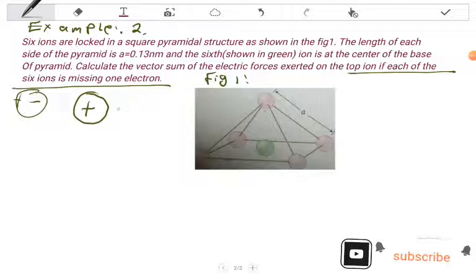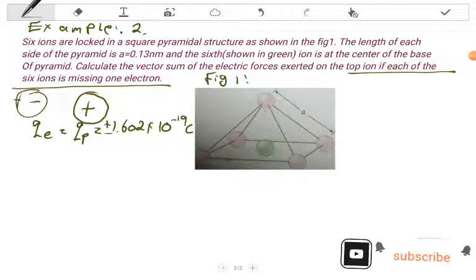You know that the charge of an electron has the same magnitude as the charge of a proton, which is 1.602 times 10 to the power minus 19 coulomb. That's the charge of a proton or an electron. It's plus if it's a proton, and minus if it's an electron. Okay, so let's get started.